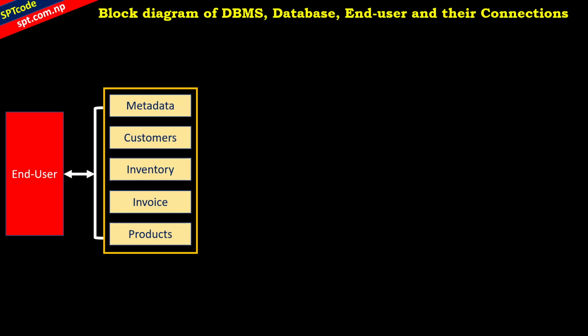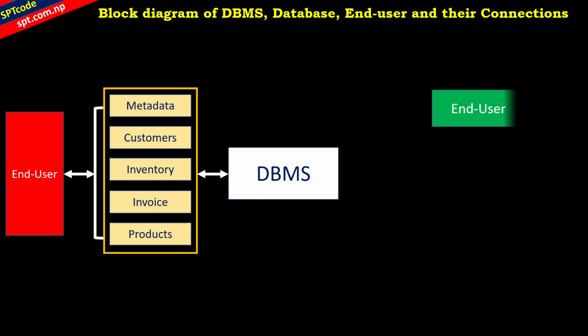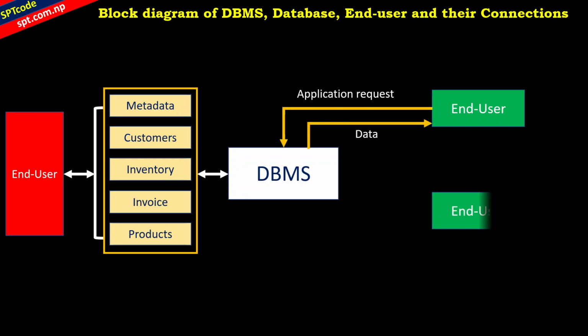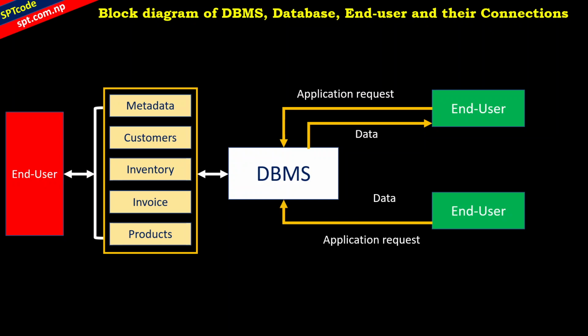The data comes in different forms, like metadata, customer information, inventory information, invoice information, or product information. And the DBMS is software, with a language as well, that helps to communicate with that database.